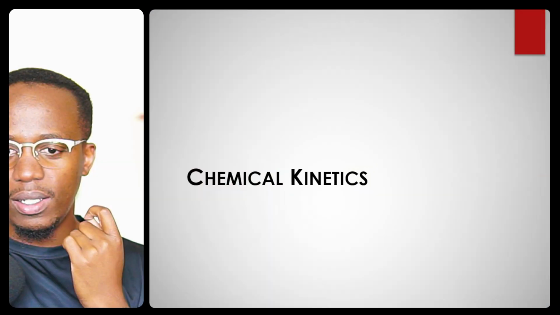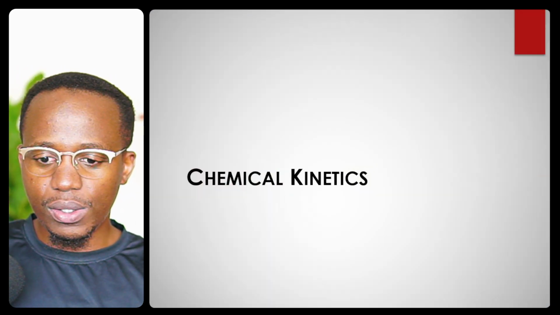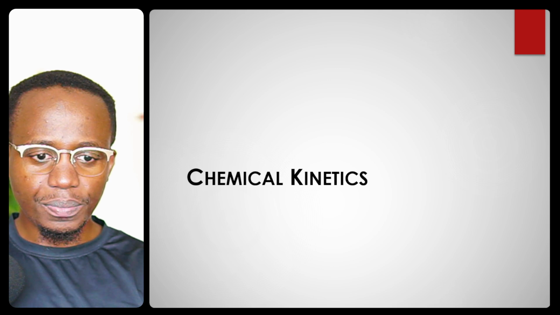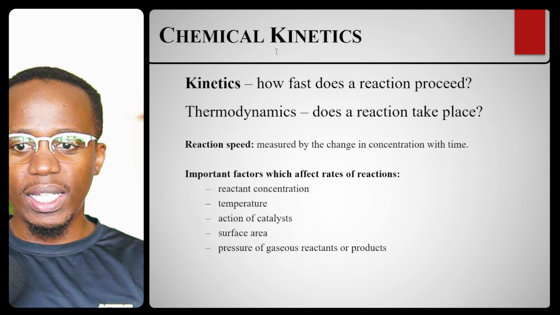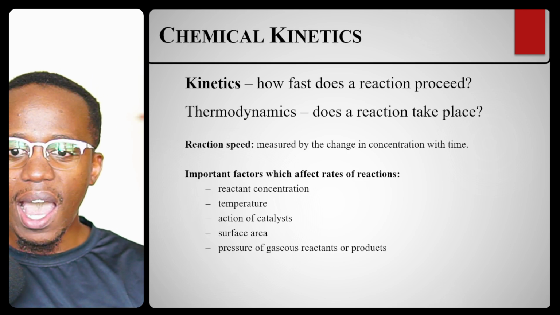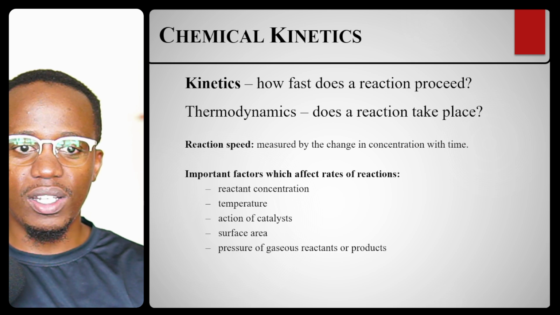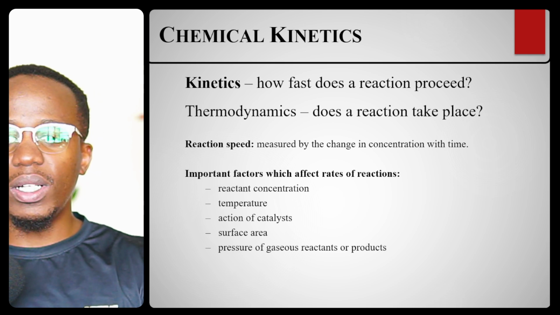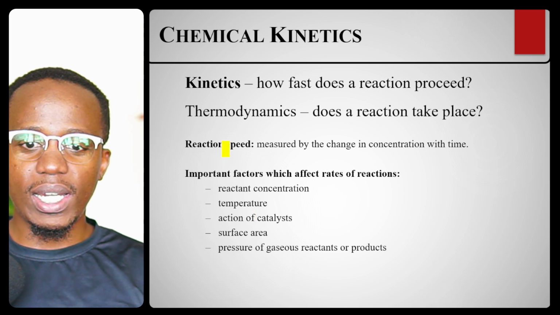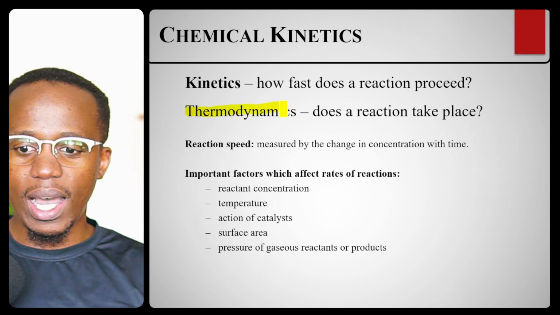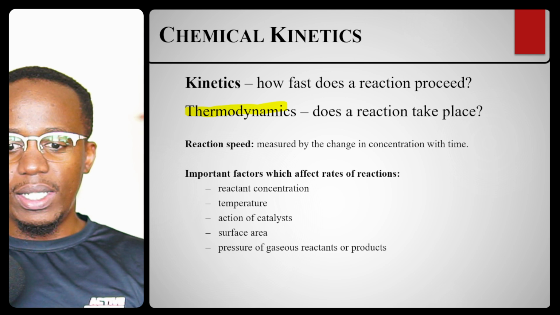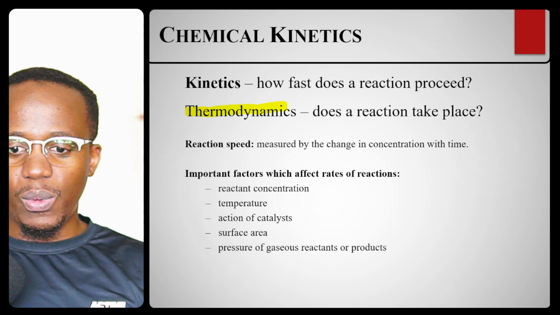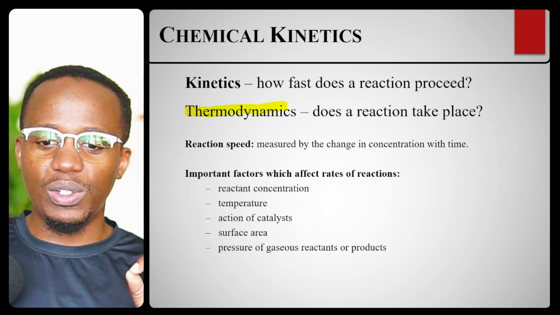But let's get started. All right, so chemical kinetics, as I was saying, studies how fast a reaction goes. So the speed of reaction. Now we'll talk a little about thermodynamics, and thermodynamics has to do with the energy of reactions and whether or not that reaction is actually going to take place.